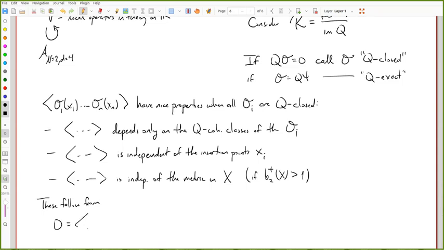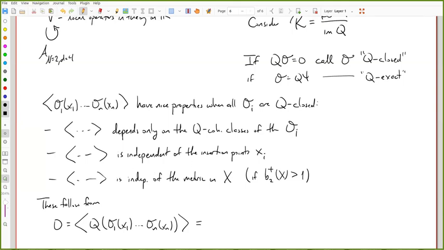So now I'm going to apply Q to this whole string of operators. But just think of that as a product, as a function on the field space, which happens to be a product.